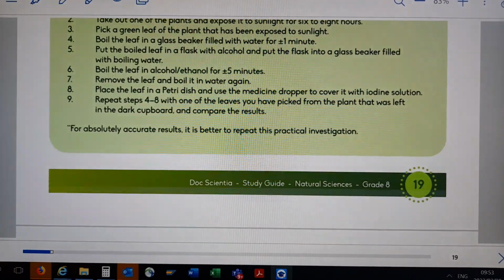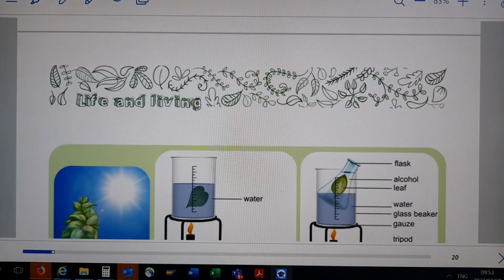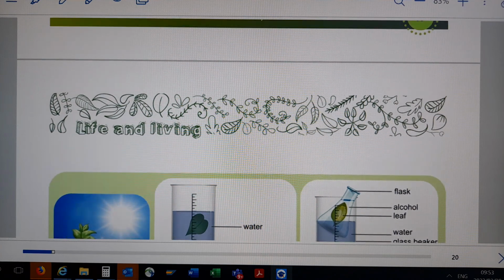I think that is enough for today. We will stop there and we will continue with our topic. We have covered photosynthesis and a little bit of respiration. I hope you understand.